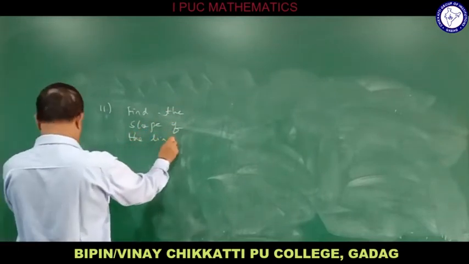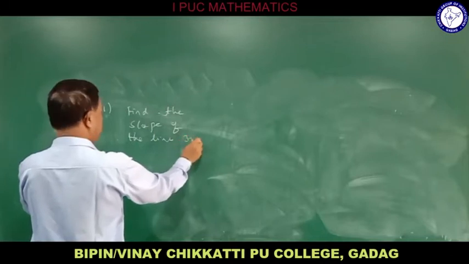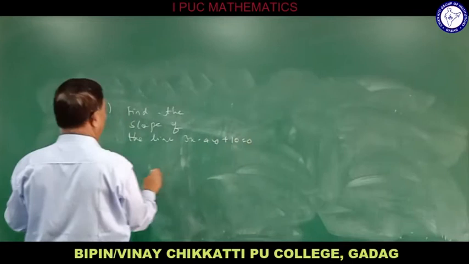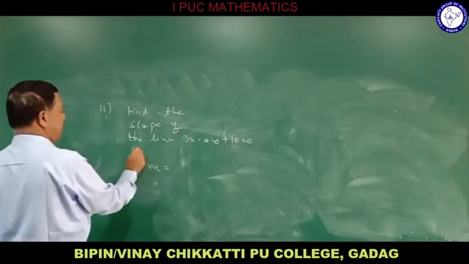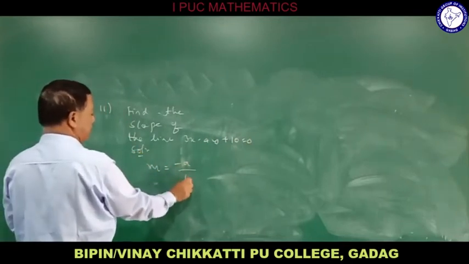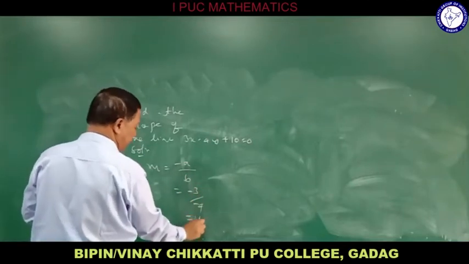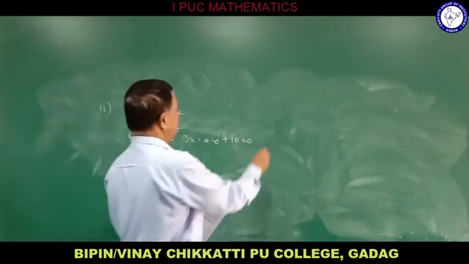What is the line given here? 3x minus 4y plus 10 is equal to 0. What is the slope? m is equal to minus a by b, minus 3 by minus 4. So what is the slope here? 3 by 4 is the slope.